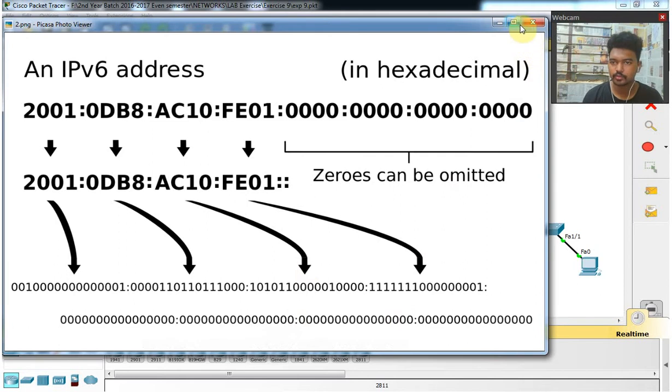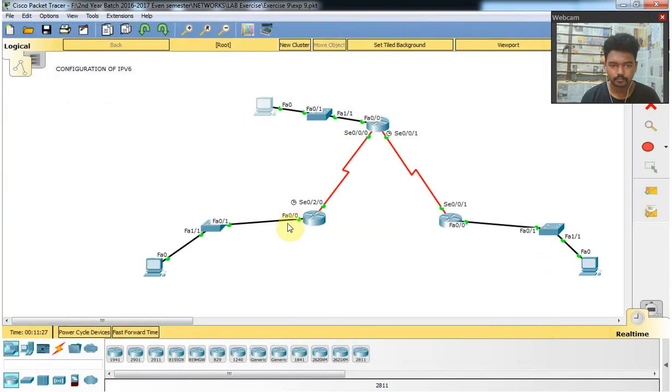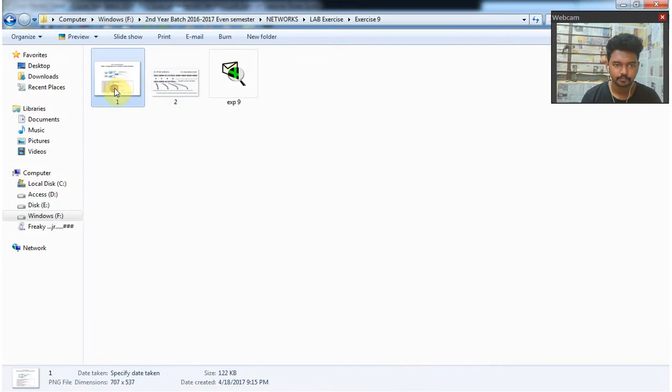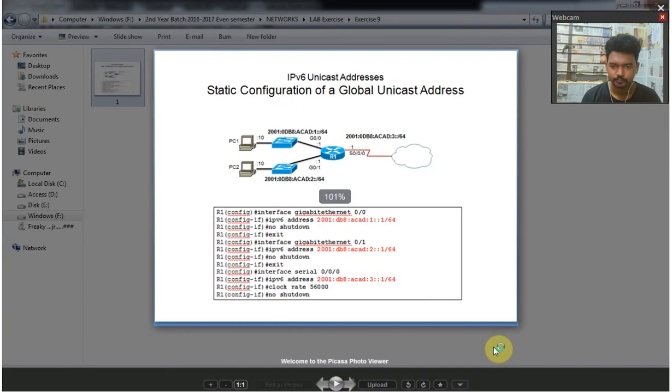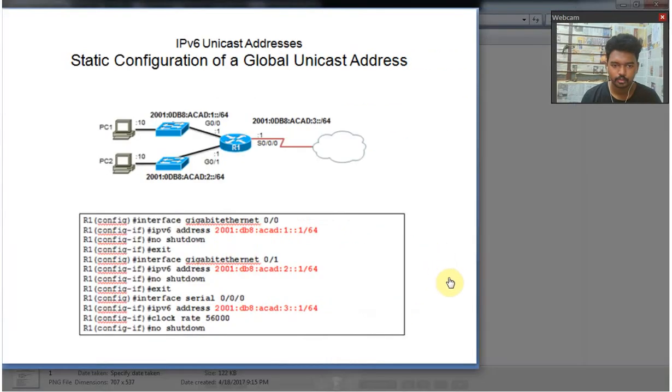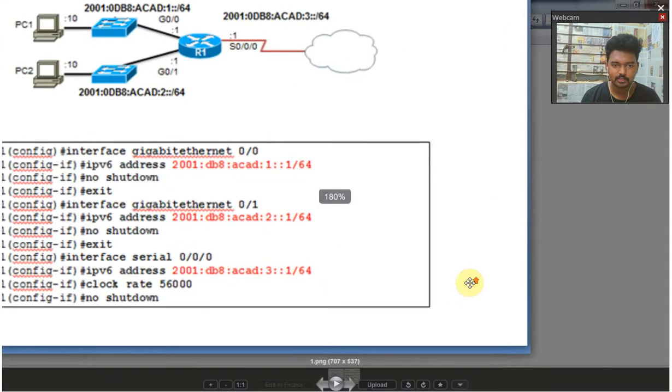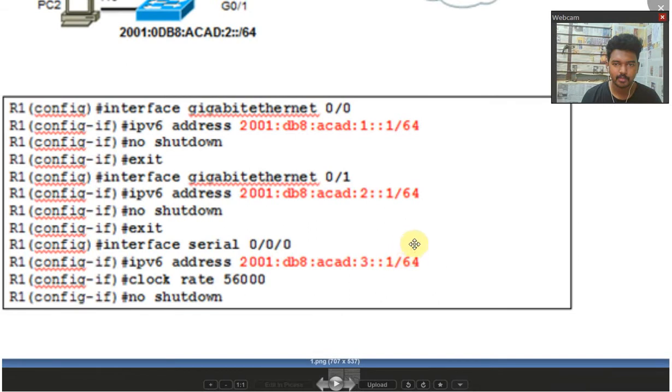Now moving on to the Packet Tracer, we'll see how to configure the routers. These commands are used for the configuration of a router.